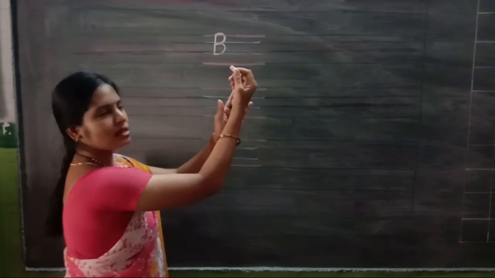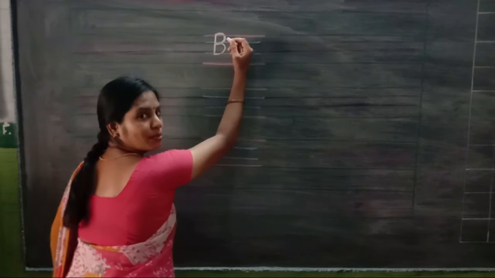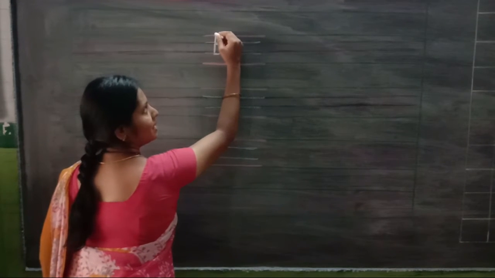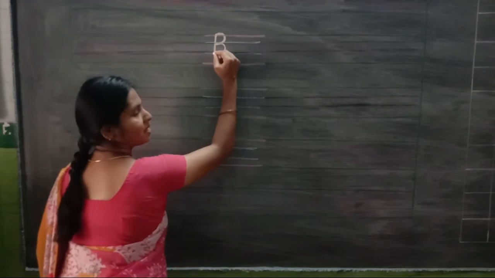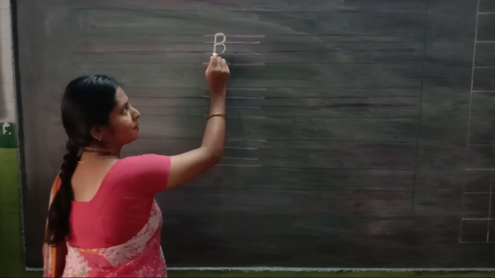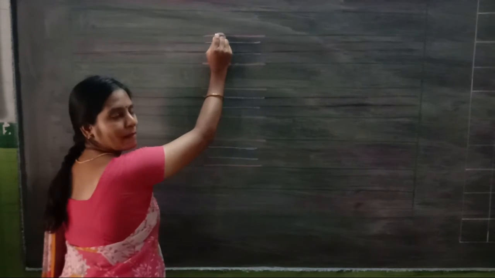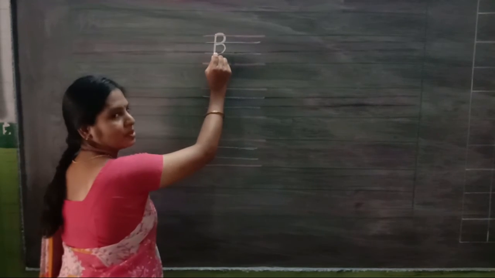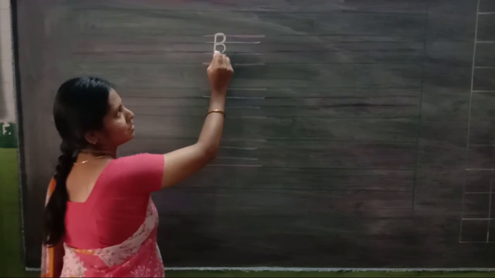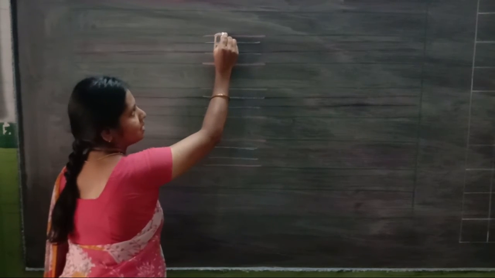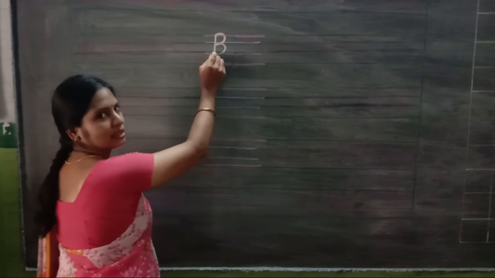Slowly put a standing line, slowly till this blue line. You must ask your mama to keep a dot for you, and after your mama keeps the dot, you start to write. Back open curve, another curve.